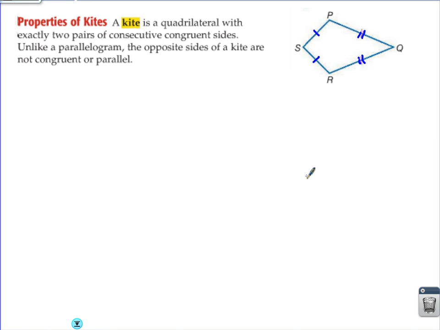PS and SR are congruent. They're consecutive. RQ and PQ are consecutive congruent. And they have no parallel sides. The opposite sides of a kite are not congruent, and the opposite sides are not parallel either. SR and PQ, no, those are not parallel or congruent.